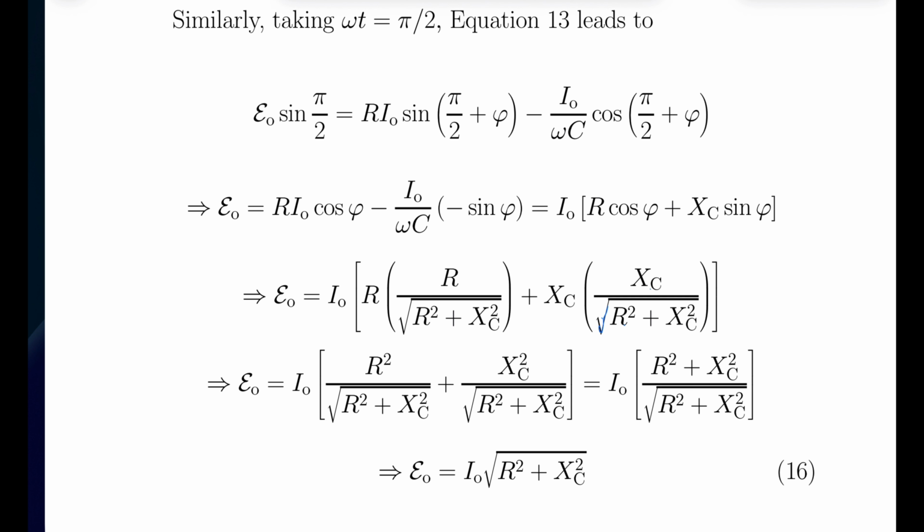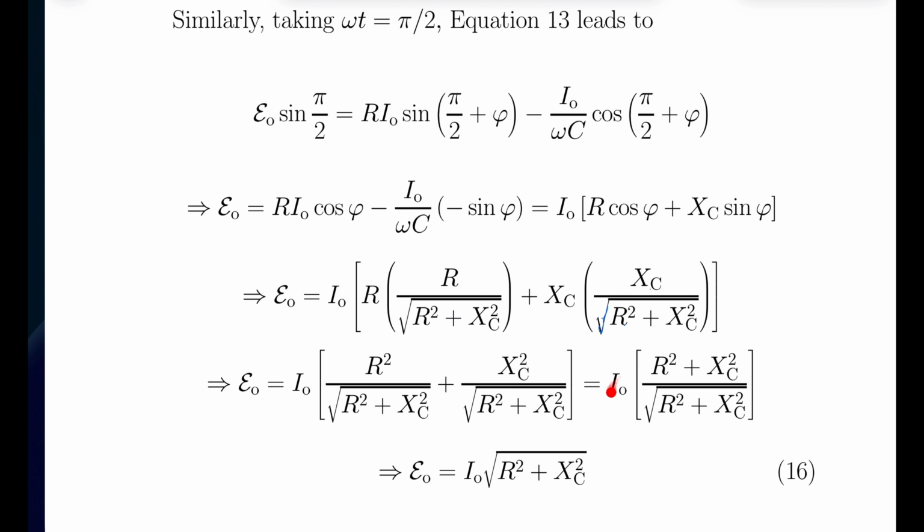So E naught is equal to I naught into, within bracket, R square upon root over R square plus XC square plus XC square upon root over R square plus XC square. You see that the denominators of the first term and the second term are the same, and therefore this gives you E naught equal to I naught into, within bracket, R square plus XC square upon root over R square plus XC square.